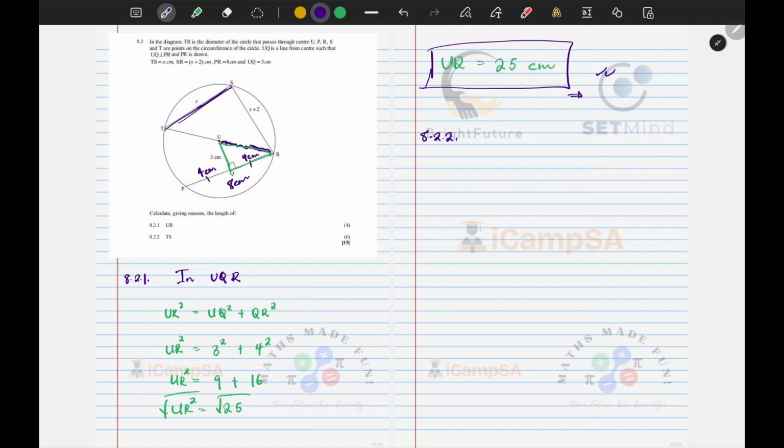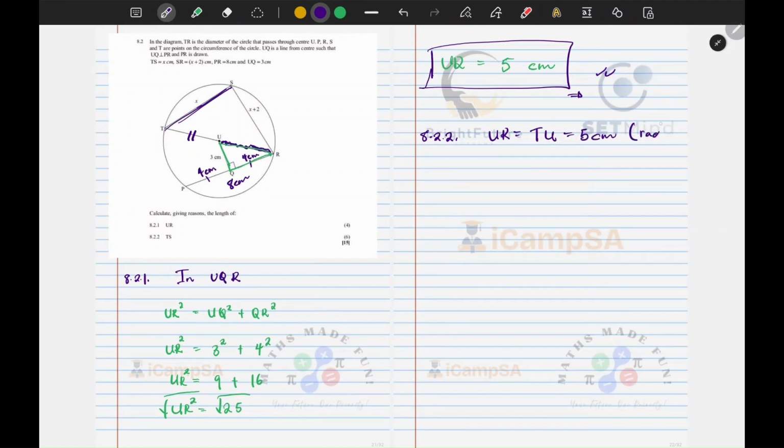So remember, we were told that TR is a diameter. So if TR is a diameter, that means that TU and UR are going to be equal, because they form radius. So no, this cannot be equal to 25. It should be 5, because the square root of 25 is 5. So UR is equal to TU, which is equal to 5 centimeter.